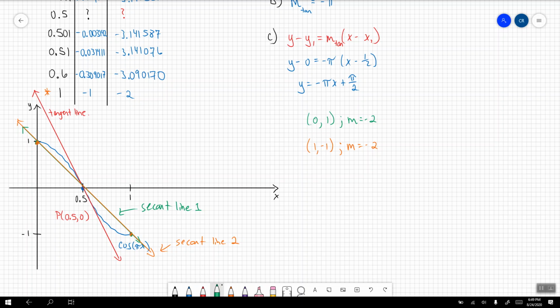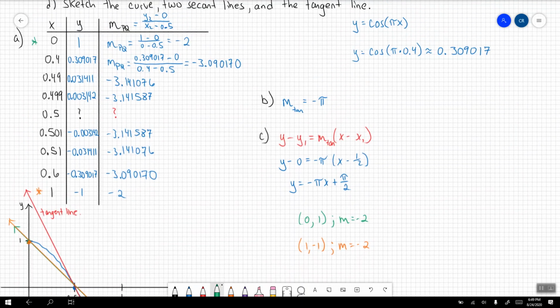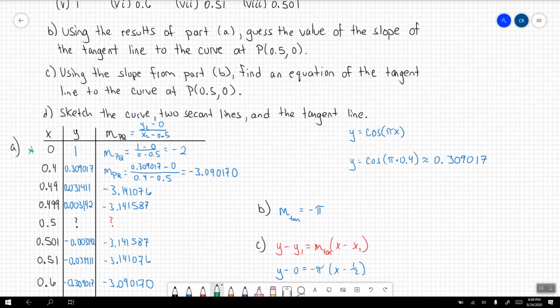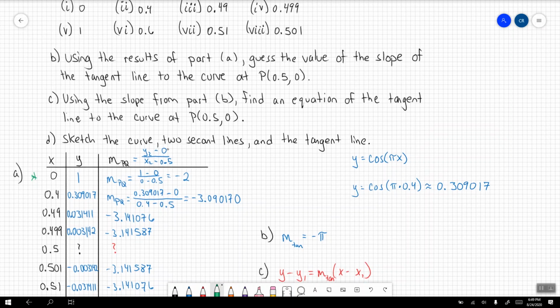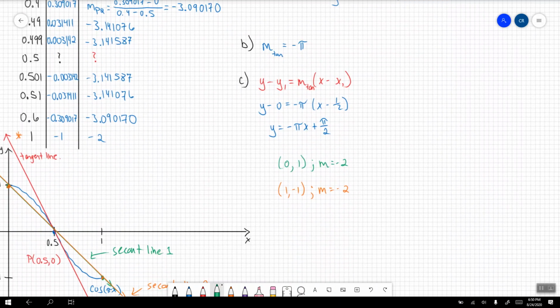That is how we are working with these types of problems. Now, at the end of the day, could we have streamlined this process? Yes, we definitely could have, by identifying that one of the points of the secant line is fixed. The other one could just be the equation of the function.